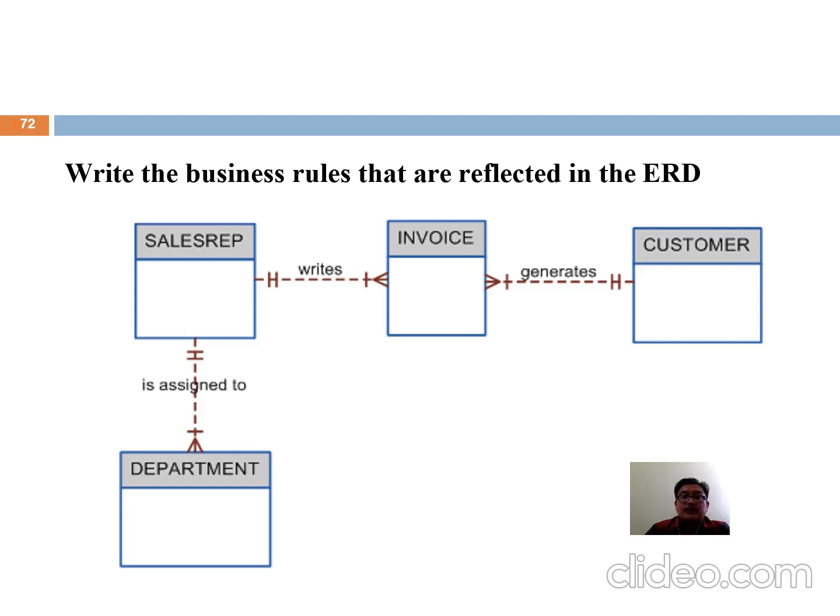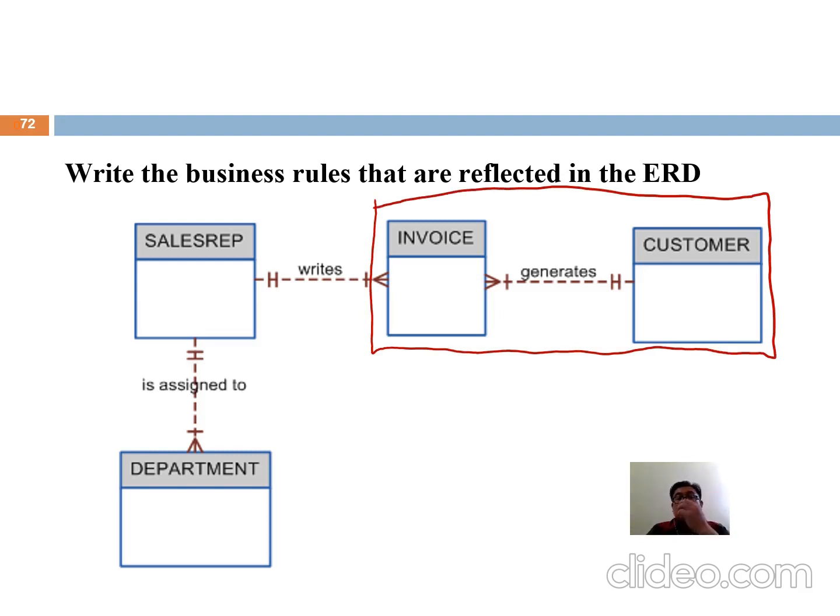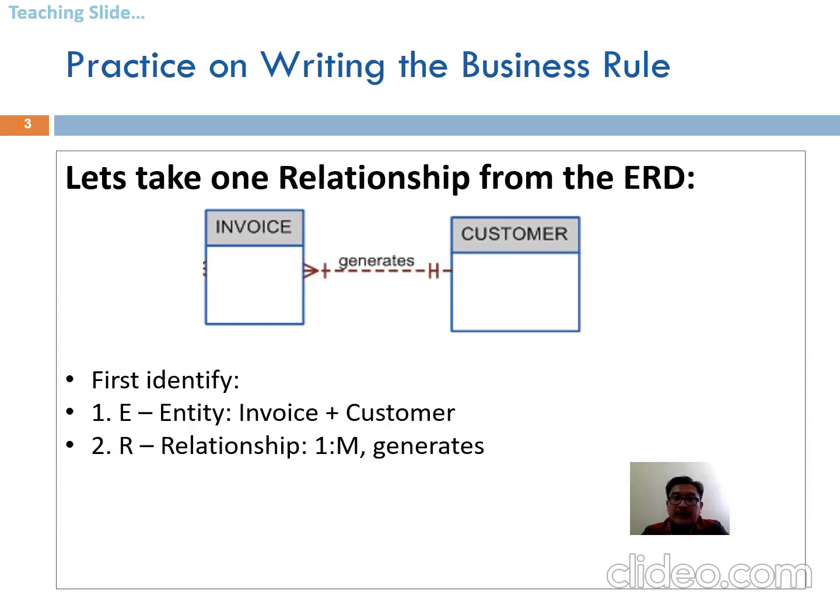When we want to look at the business rule, let's say we want to concentrate on one relationship to write a business rule. We want to look at invoice to customer. So invoice generates customer.